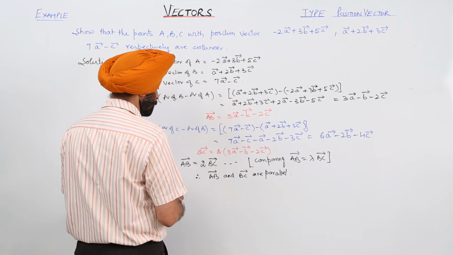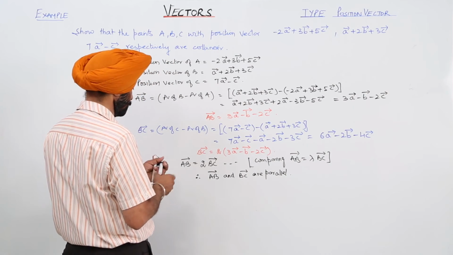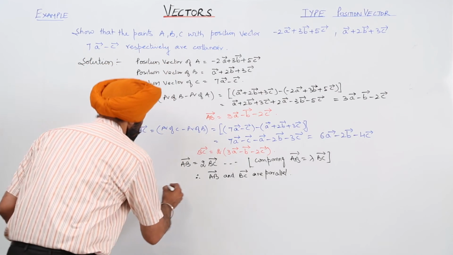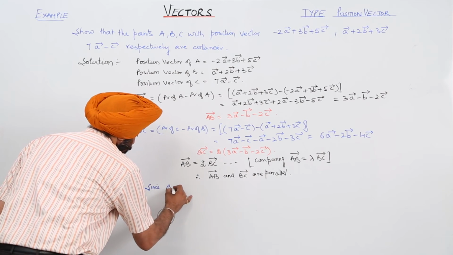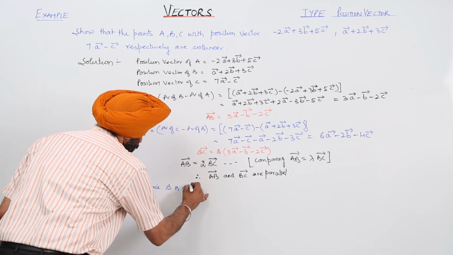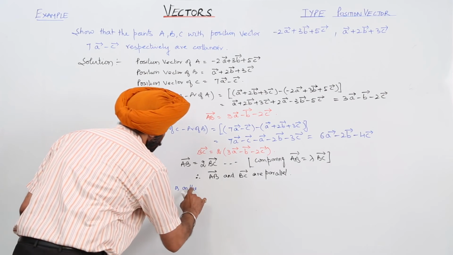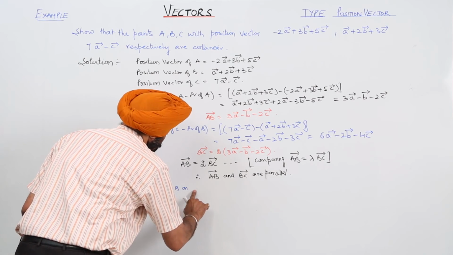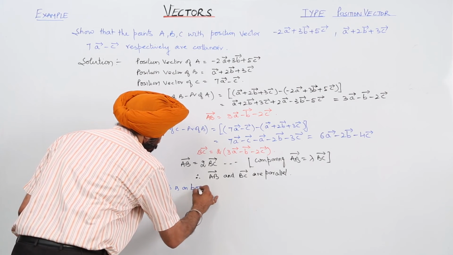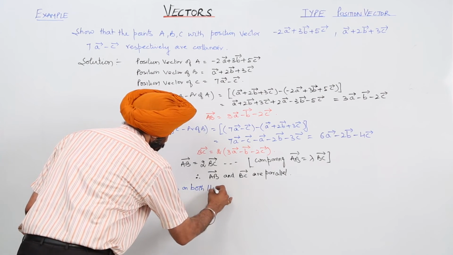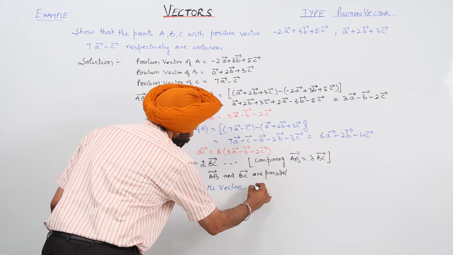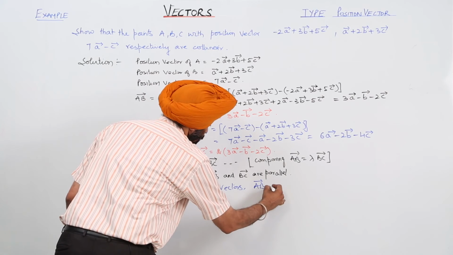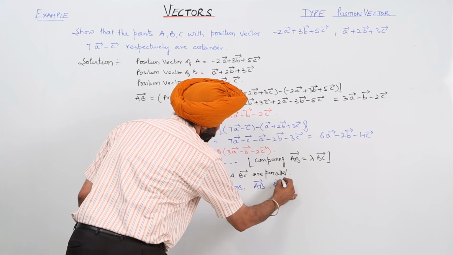Second thing, since B is on both the vectors AB, BC, here B is common.